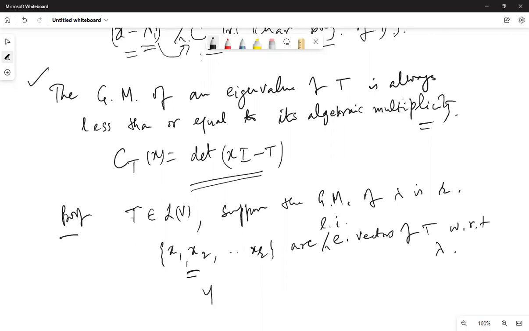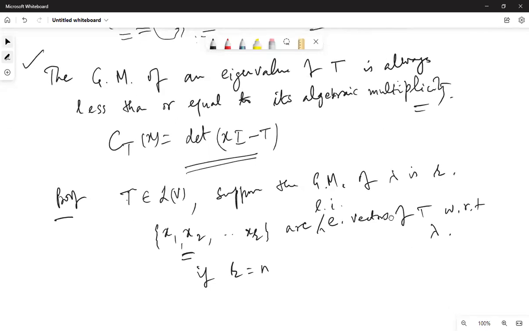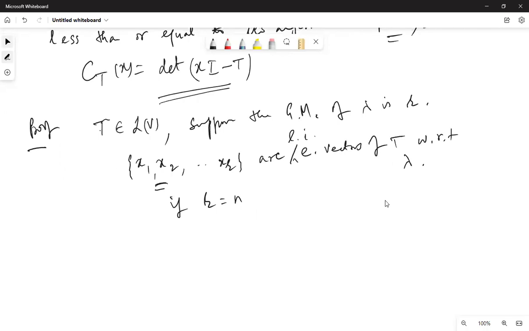If r is n, where n is the dimension of V, then what would happen? With basis x1 to xr, T would be diagonalizable.